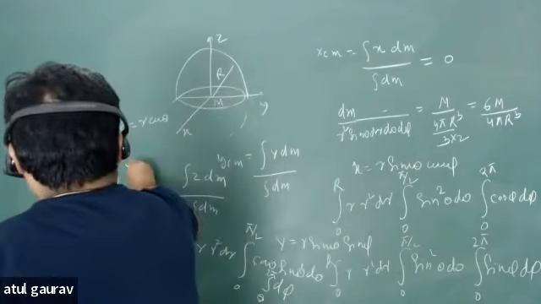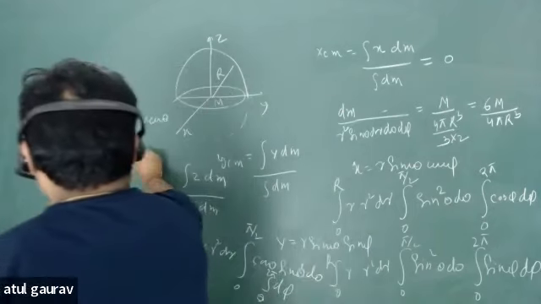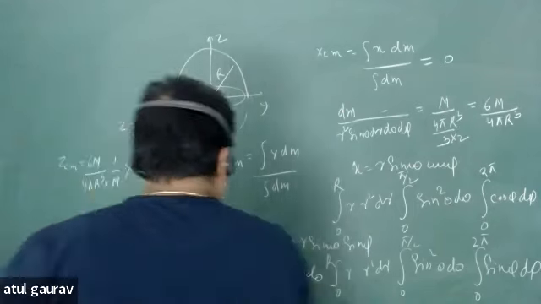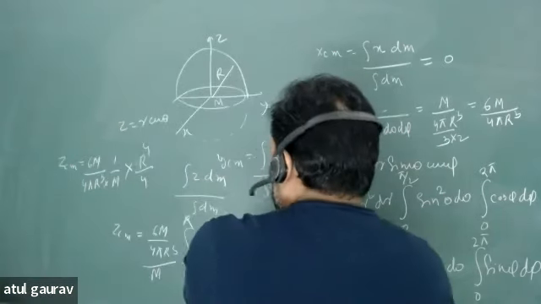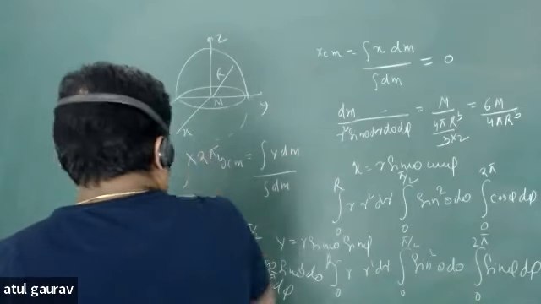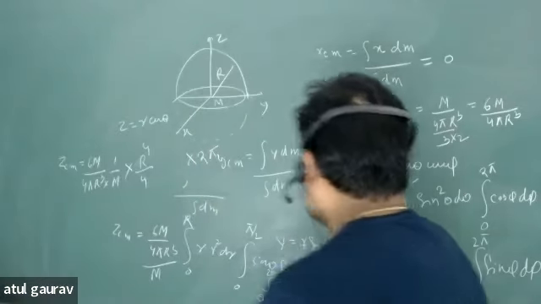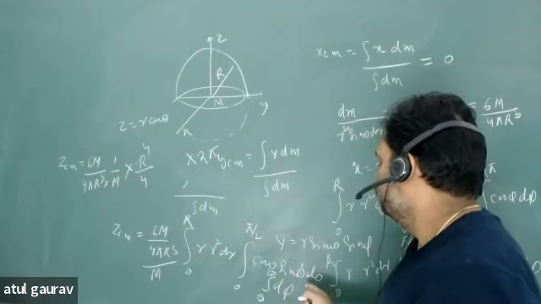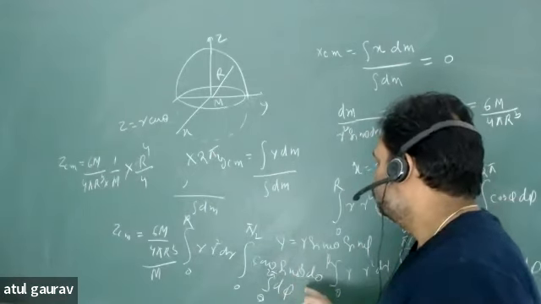Into what will be the integration of this one? R to the power 4 by 4. What about this integration? The phi part will be something like 2 pi. And what will be this integration? Cos theta, sin theta, d theta. We can put cos theta equal to t. Then sin theta d theta is what?